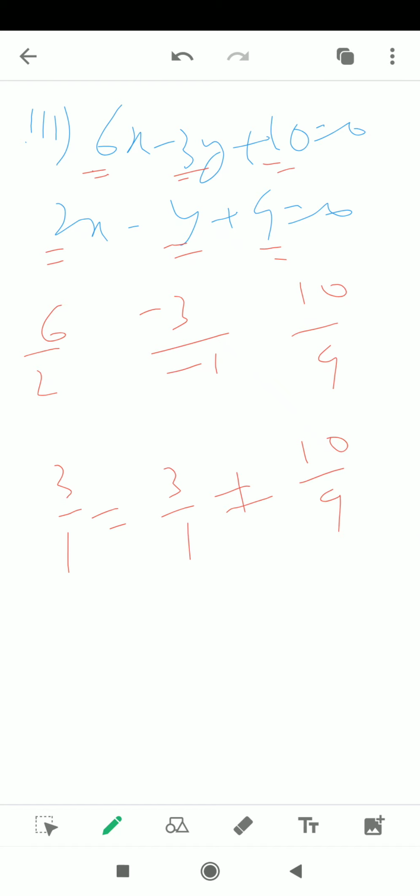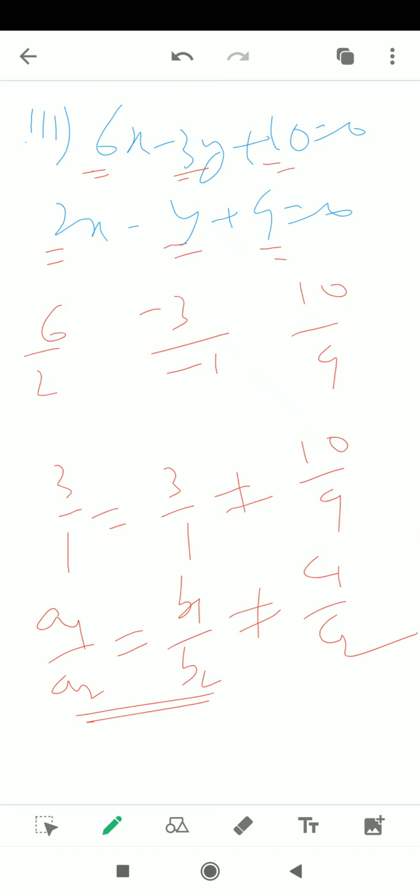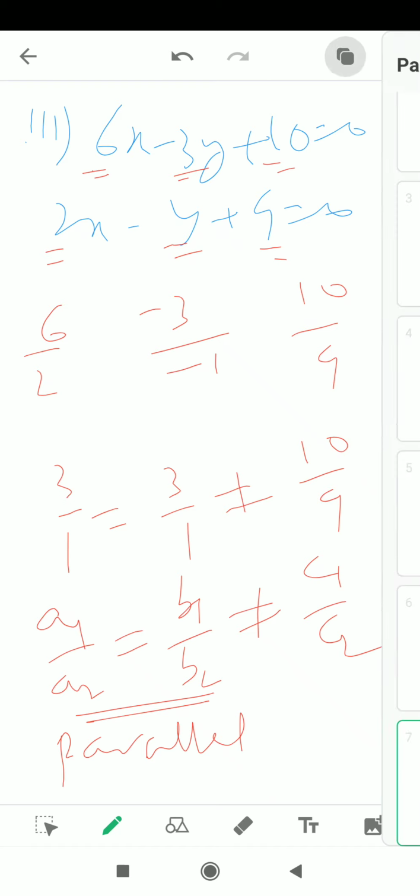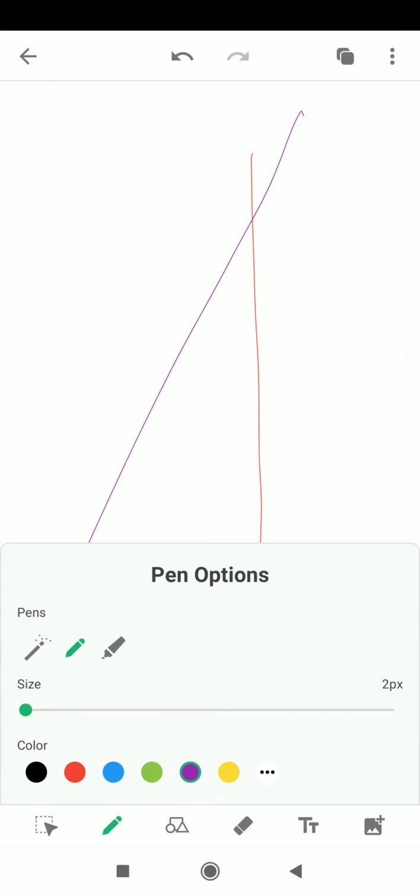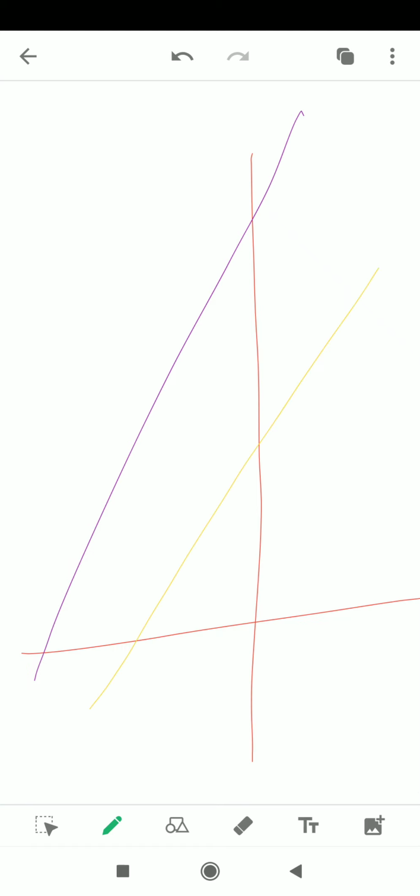So what is the condition? a1 by a2 is equal to b1 by b2 not equal to c1 by c2. This implies these two lines are parallel, because this is the main condition for parallel. When you draw a graph, it will look like this. If I draw a line, this is one line, the other line will be like this.